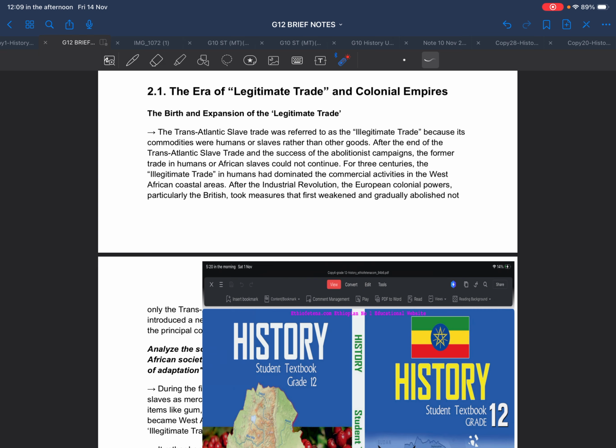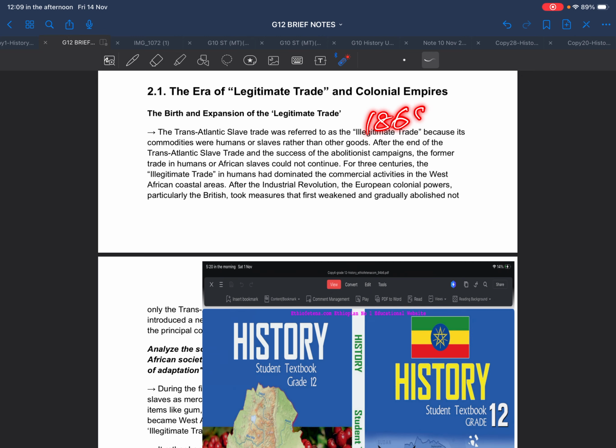So the buying and selling of humans or slaves was considered illegitimate trade, which was unlawful, illegal. But take the American Constitution, it couldn't become part of its constitution until 1865.